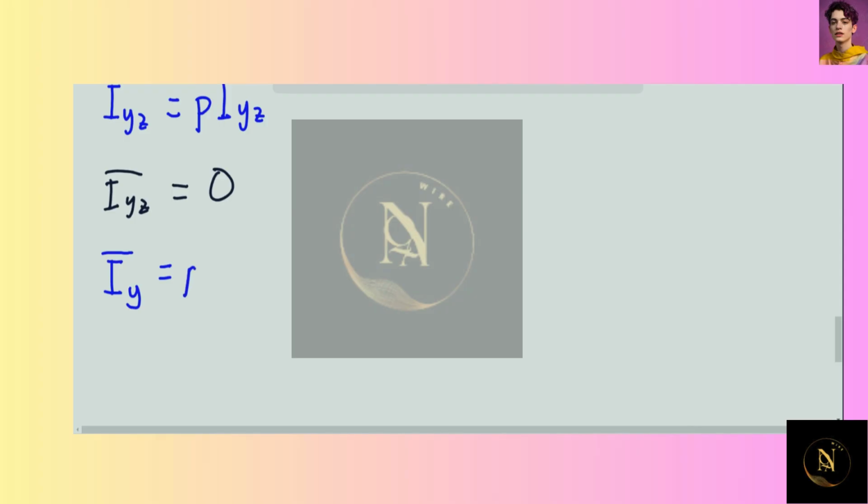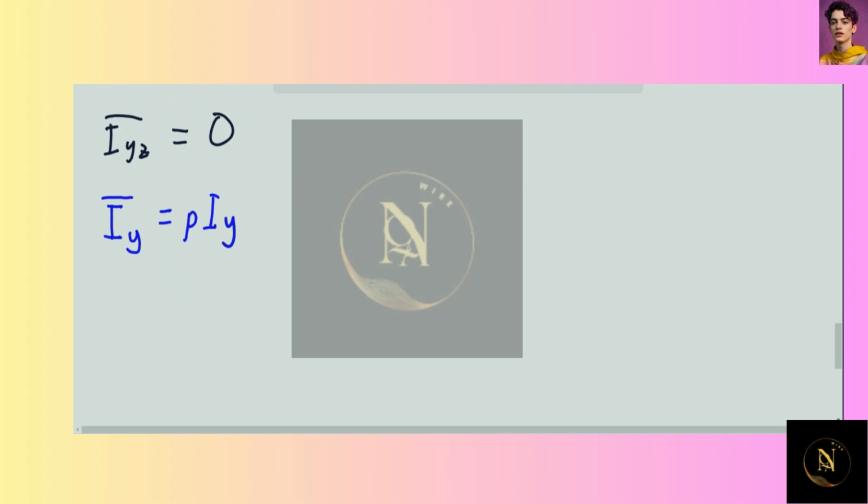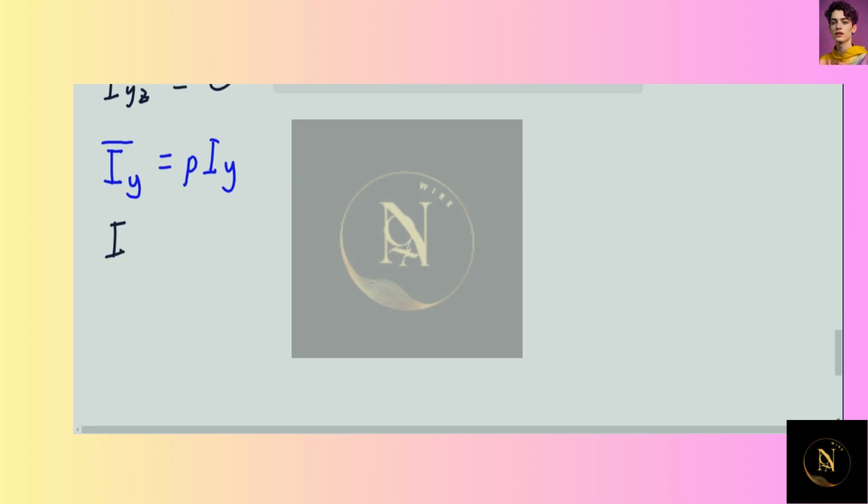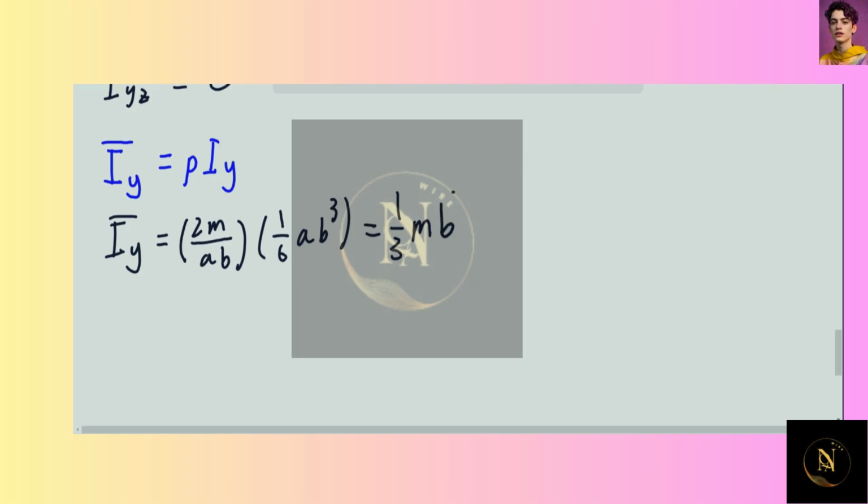So this is rho times I of y. So we can plug in rho, and then we can plug in I of y. And this becomes 1 over 3 times m times b squared.